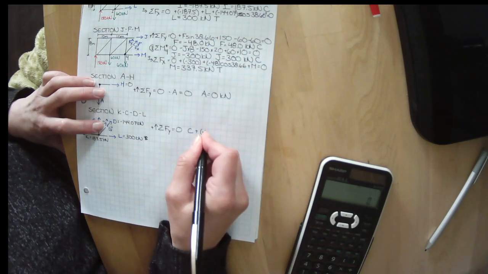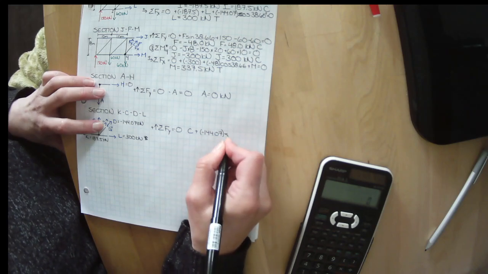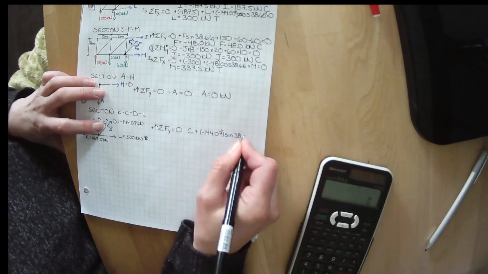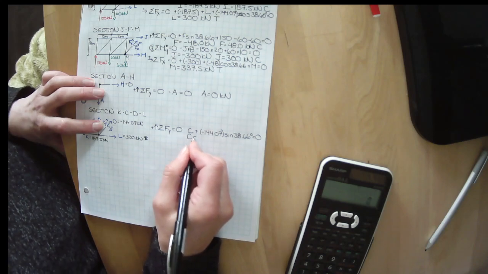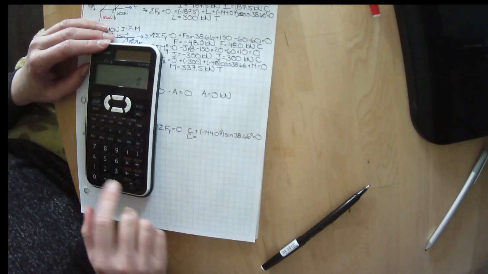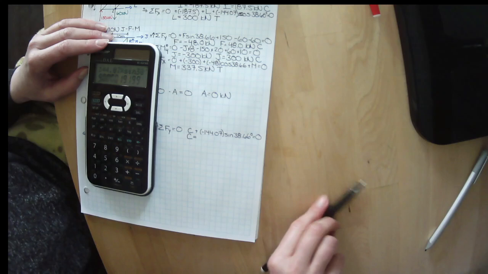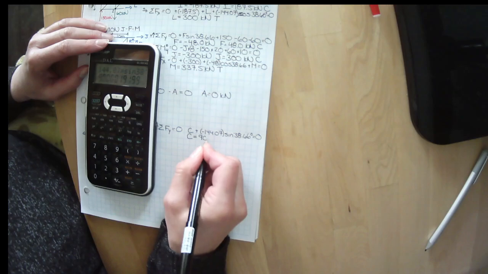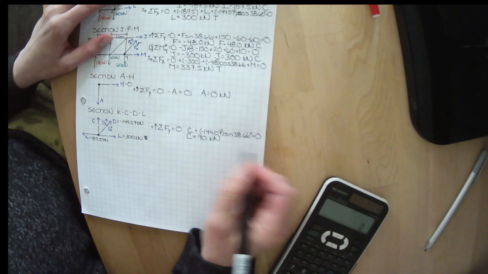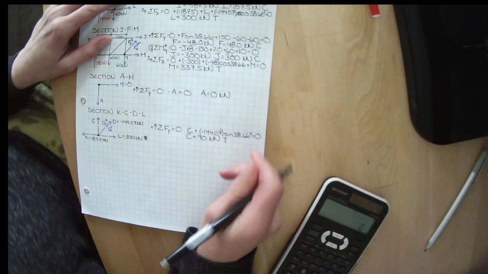D is minus 144.07 times the sine of 38.66 degrees equals 0. We can rearrange this, and we get that C equals 144.07 times the sine of 38.66. And we get that C equals 90 kilonewtons. It's positive, that means I've guessed right, and I always guess that everything's in tension. So C is 90 kilonewtons in tension.